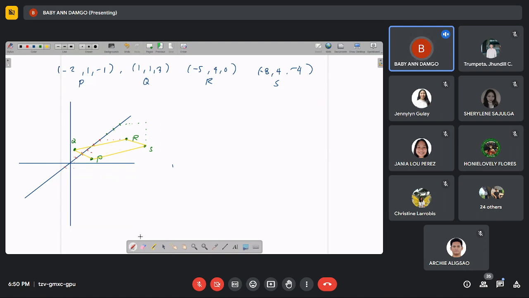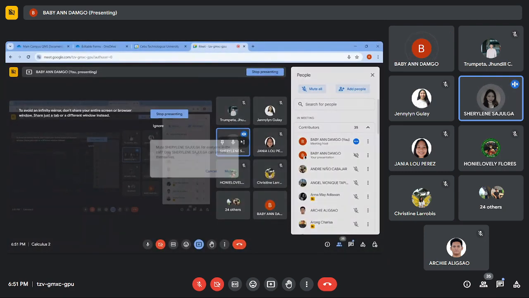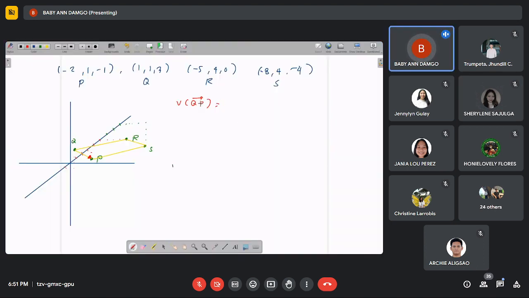Okay, so if we solve, where do we start? We can start with this one. So this is the vector 2, 3. Okay, so the vector QP is Q minus P. We have 1 plus 2, and then 1 minus 1, then 3 plus 1.